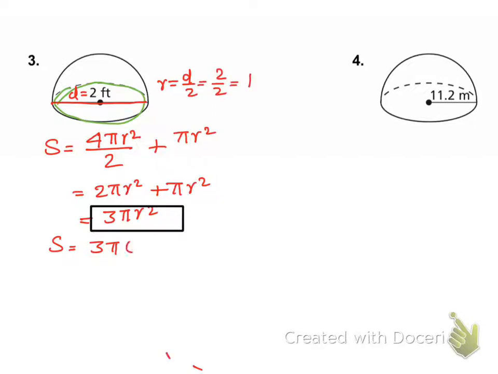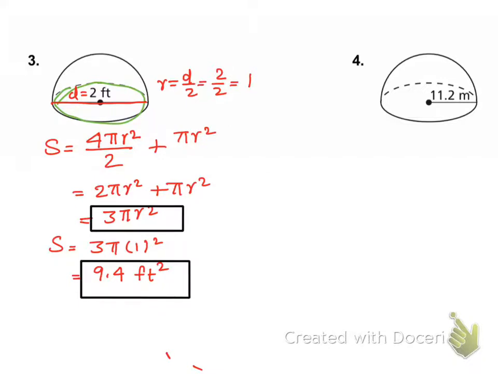So let's plug it in, 1 squared, and when you solve it, your answer for this one is 3 times pi, roughly equal to 9.4. And what's the unit? Feet squared. That's your final answer.